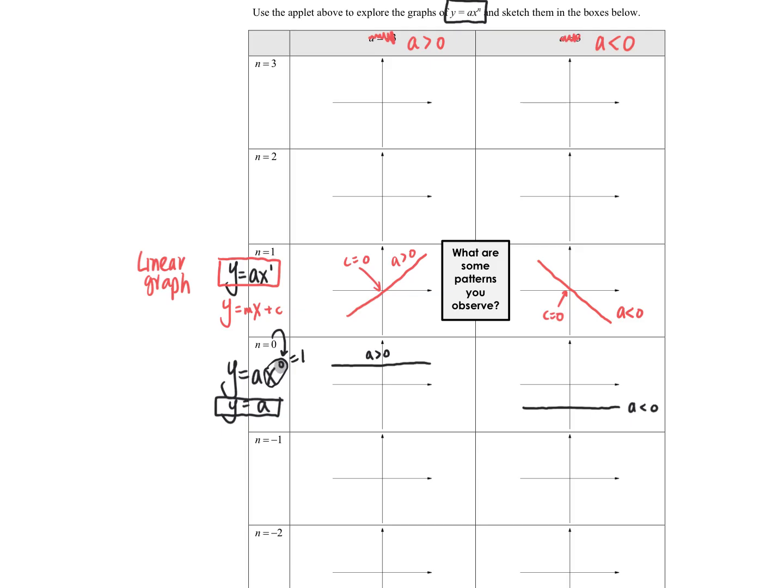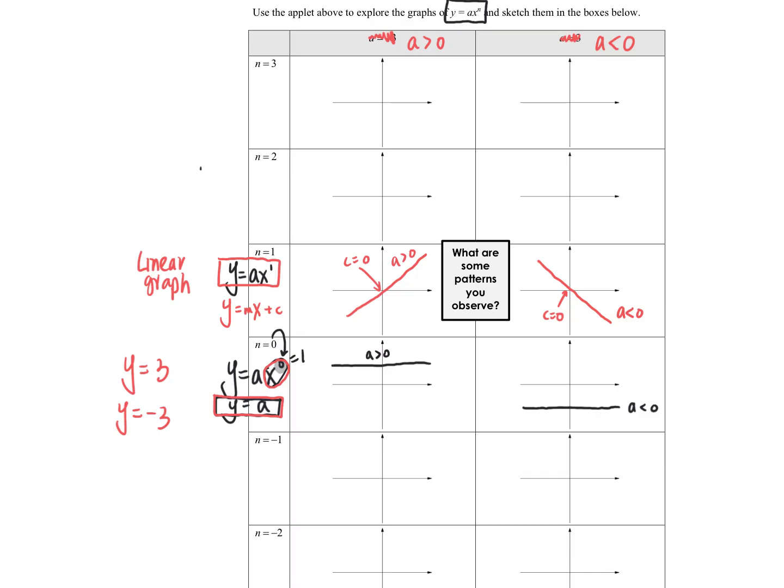Because x to the power of 0 is 1, right? So actually, they ask you to draw y equals a. So when y equals 3, it's a horizontal line on top. When y equals minus 3, it's a horizontal line below. So this one you have learned.